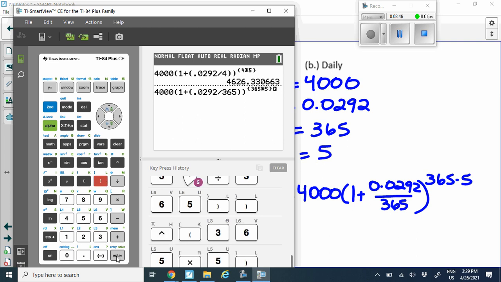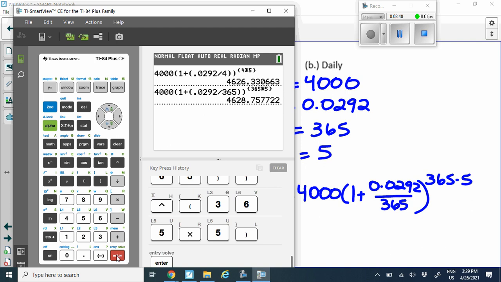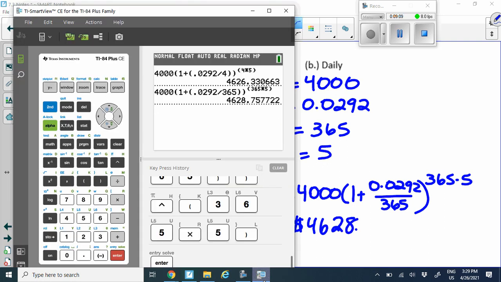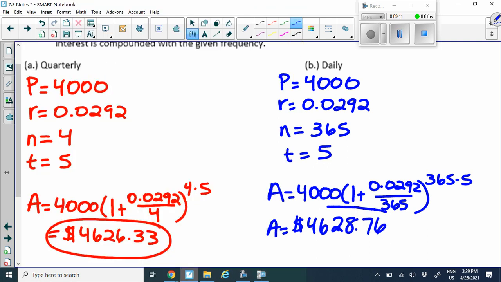So that's why I just write it like that. Okay, so we get $4,628.76. We round up because that third value after the decimal is a 7, so we round up. That's our answer.